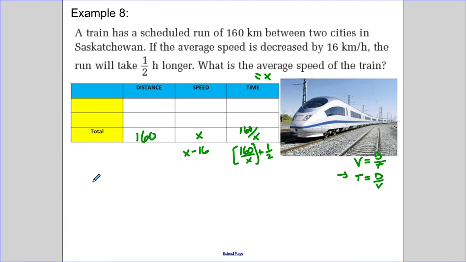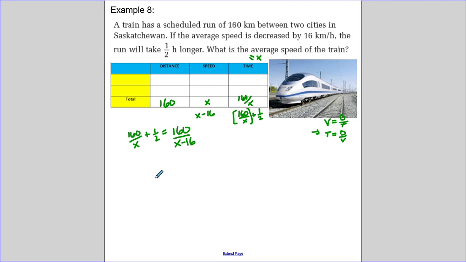If everything was traveling regular, I'd have 160 over x, but I know that it's going to take me an extra half hour to get there if I'm traveling the same 160 at a decreased speed of 16 kilometers per hour.